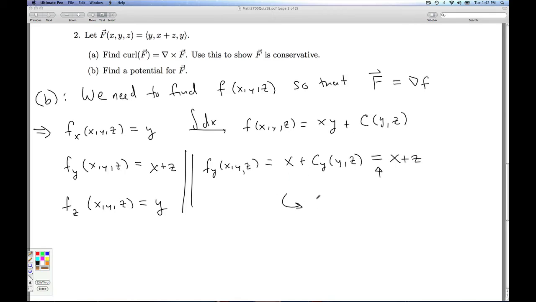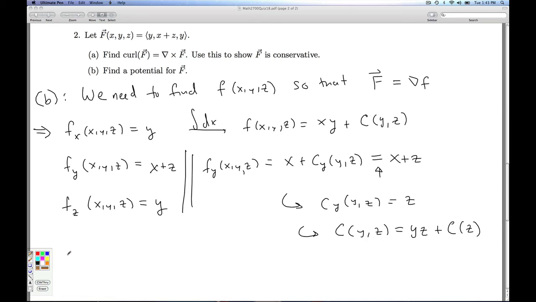So I get that the x's cancel out, and I get the partial derivative with respect to y of c of y, z is equal to z, which means my c of y, z is what? Well, I integrate this with respect to y. I get yz plus another constant, which in this case depends solely on z, because I've already taken care of the x and the y.